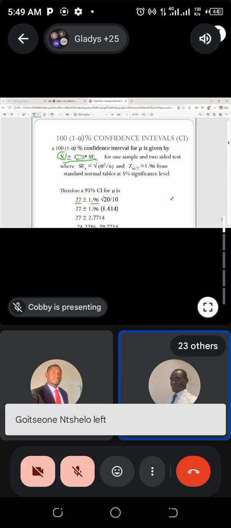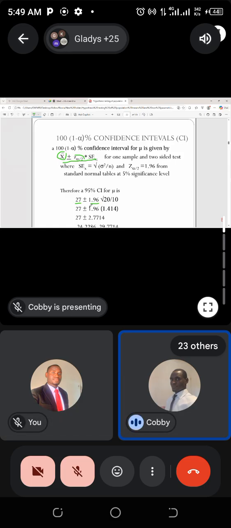So when you multiply this one, it gives you 2.7714. Then you add or subtract. So when you add 27 plus 2.7714, it gives you what?